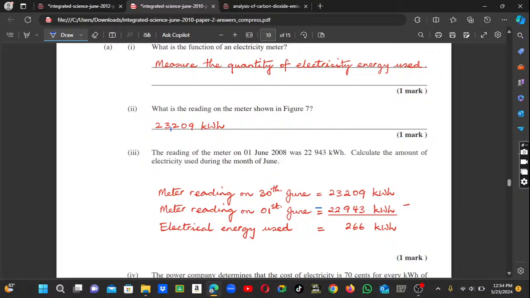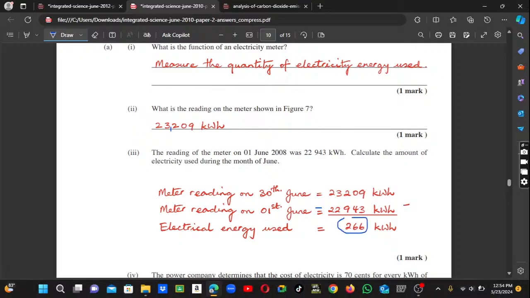This would not be taken away. Let me see. Oh yes, it's take away, because we're going to do this, and that is 226. So this would be 226 kilowatt hours.